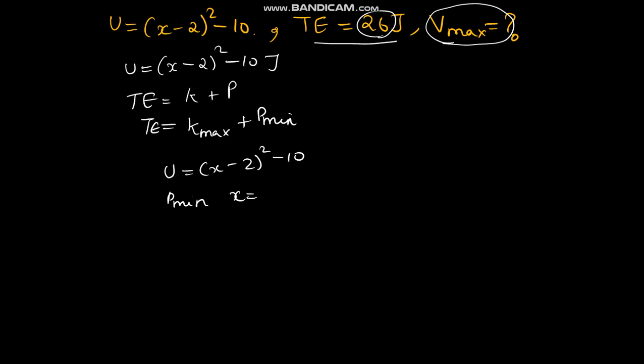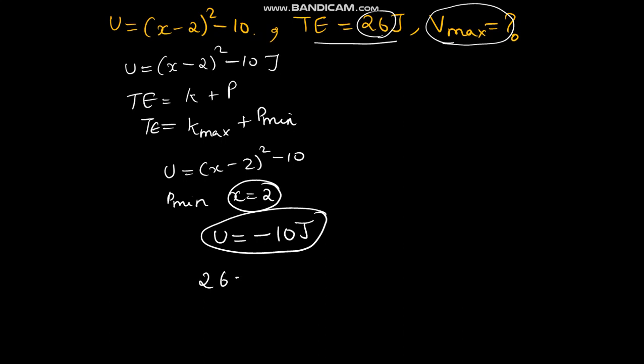When x is equal to 2. If you substitute x is equal to 2, the potential energy is minus 10 joule. So total energy 26 joule is equal to maximum kinetic energy plus minimum potential energy. So the maximum kinetic energy comes out to be 36 joule.